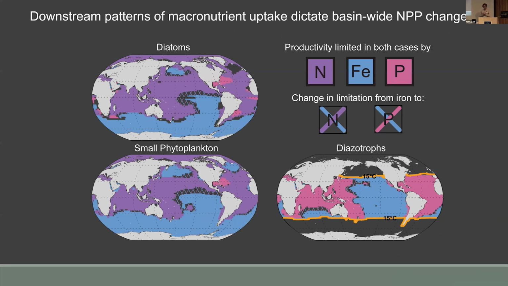And then what we end up seeing is because of that, and if we look over time, we can actually end up with differences in the limitation patterns to the ocean. So this increasing, which is basically being driven here by the fires, in the future we may see reductions in iron limitation regions, and that's these regions here, which are crossed out, and you're either moving towards nitrogen limitation or phosphorus limitation, depending on whether the cross is in a purple or a pinky color for different community groups.